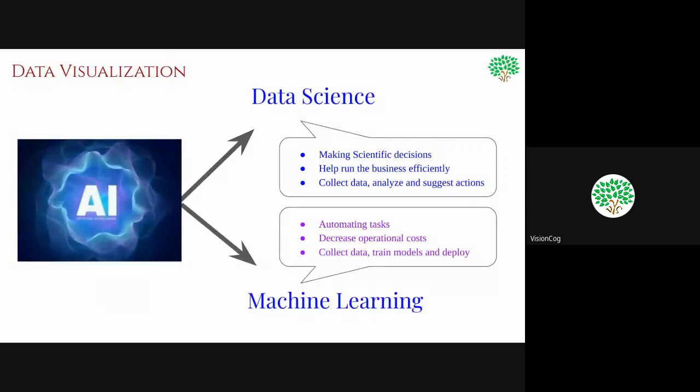That could eventually lead to a decrease in the operational cost of running the company and so forth. So that is how data science and machine learning are different. But data science will definitely involve machine learning concepts to make those decisions. But data science is not specifically interested in automating tasks or deploying models and so forth. That is more about the engineering aspect, and that is what machine learning especially captures.